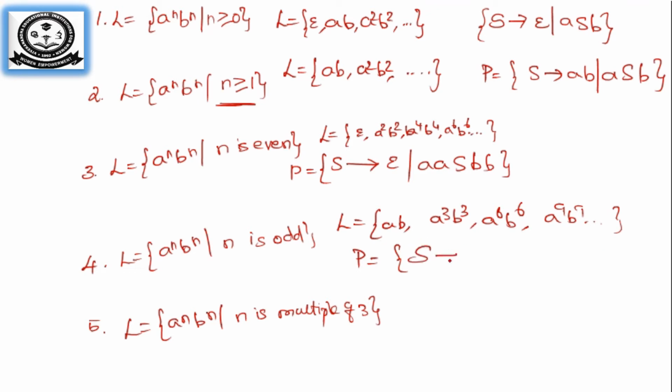So S tends to AB, it's a single string. Similarly, when you add multiple things, you need A cube. So the second term you take, you will have 3 A's and 3 B's.